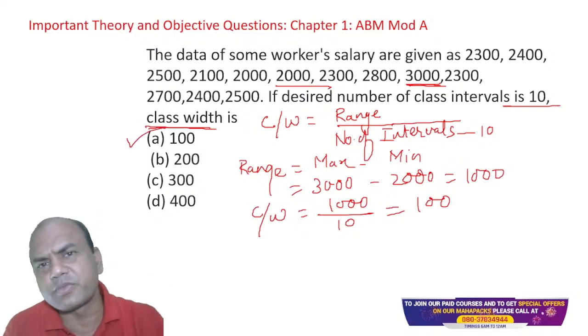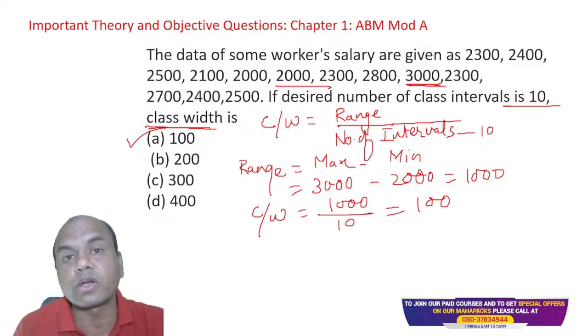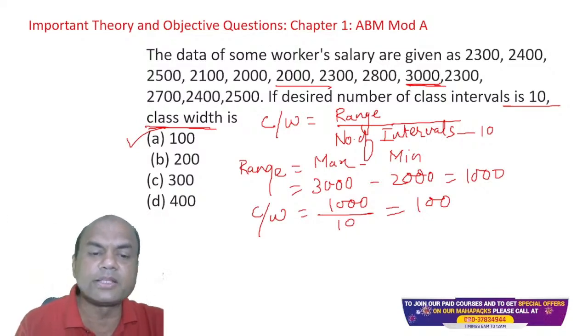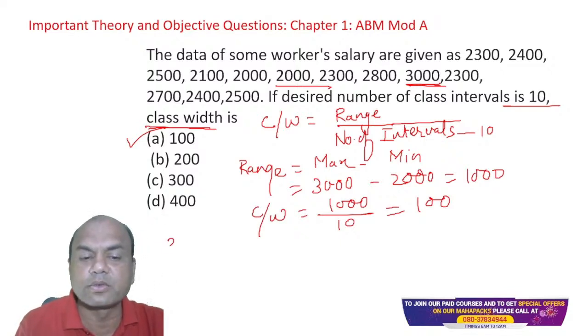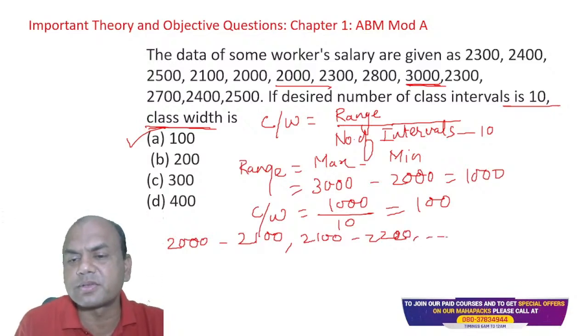What do you mean by class width? This 100 you have got, it means when I start arranging these numbers, I'll be arranging them like this: 2000 to 2100, lowest number, and then go on adding 100, then 2100 to 2200, and so on, up to the last number 3000.